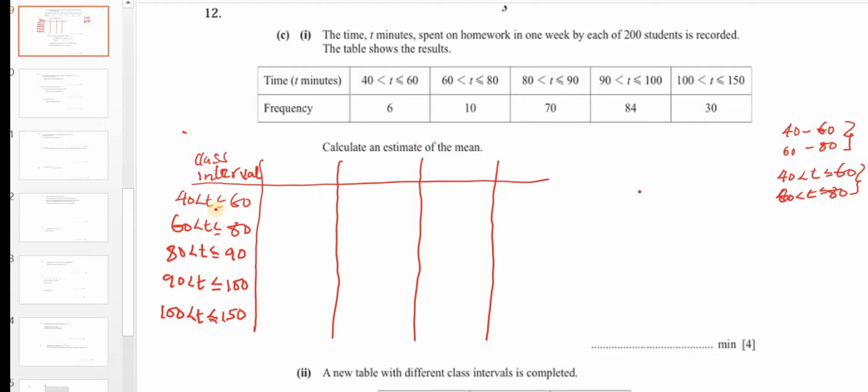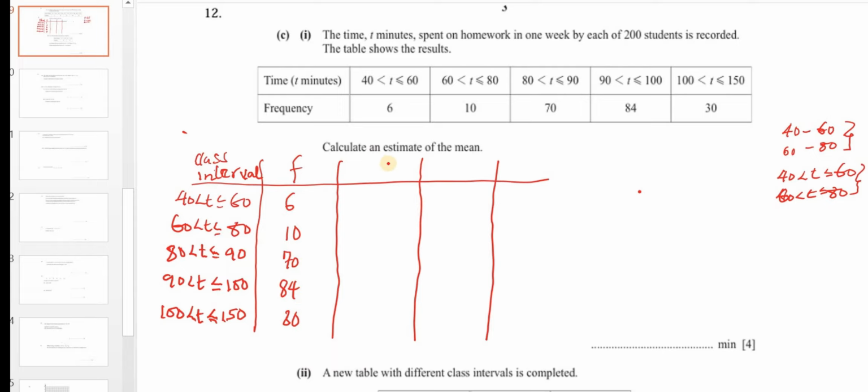You see the first two classes have a class interval of 20, the third and the fourth have a class interval of 10, while the fifth class has a class interval of 50. So there is variation in class interval, like I said. Then the frequency is given; I'm using f for the frequency. This one is 6, this one is 10, this is 70, this is 84, and this one is 30.